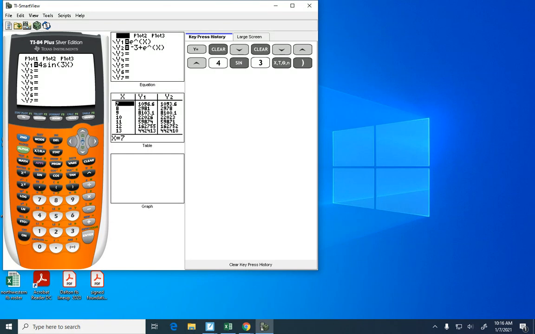Now you need to make sure your calculator is in degree mode. So I'm going to check my mode. I'm in degree mode, so I'm good there. And I'm going to go to my table set, which is my second function in my window.